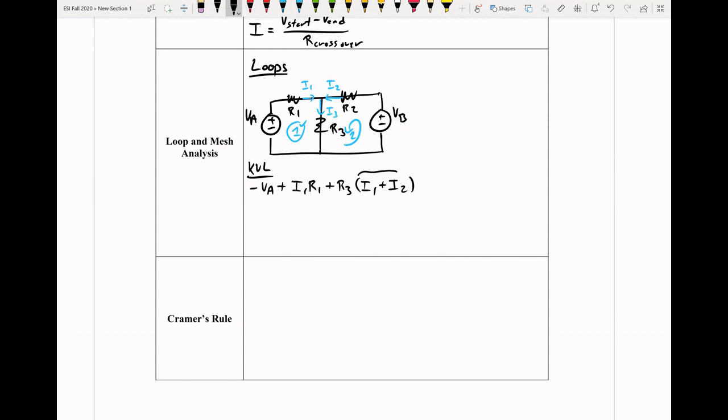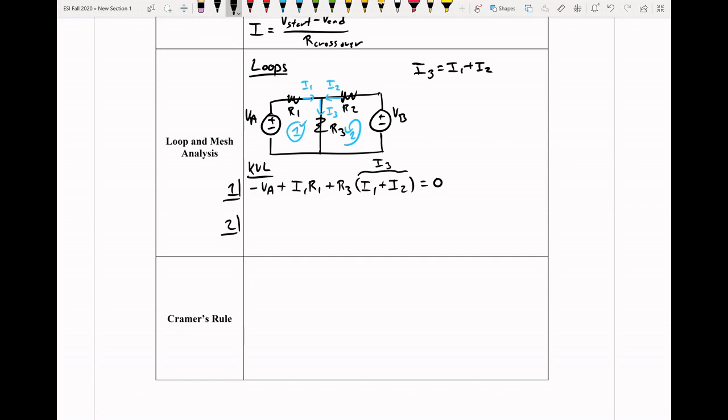So this value here is I of 3. So I can write up here I of 3 is equal to I of 1 plus I of 2. That's what we're assuming. And we're going to work out the system of equations to see if our assumptions were right. Okay, we'll end up back at 0. So this was loop 1.